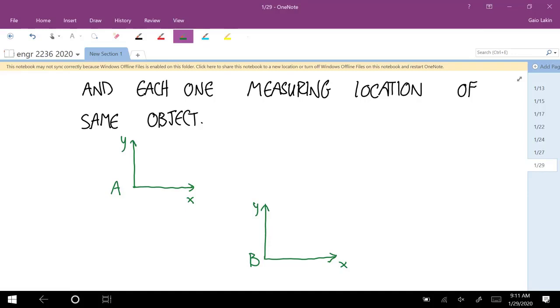We're just going to do that to simplify things a little bit. If one of those was skewed at some angle, it's a really simple conversion, but we're going to do it so that the x's agree and the y's agree. And they're both measuring the location of this point. So let's say this is the object, and I'll call it the object O.